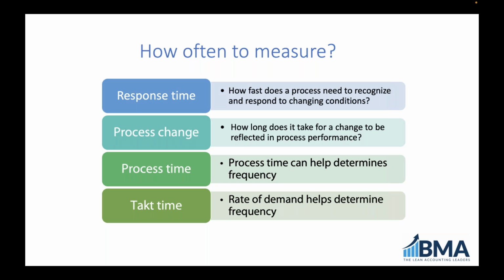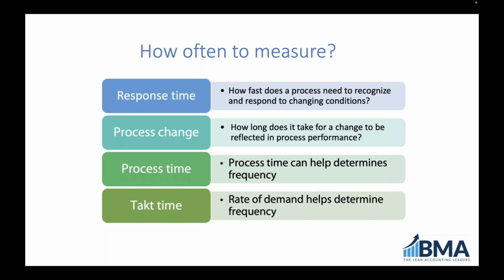And in some cases, it could be monthly, especially when it comes to strategic initiatives. You also have to consider how long it takes for a change to be reflected in the process performance, and how you adjust the process to get back on track.